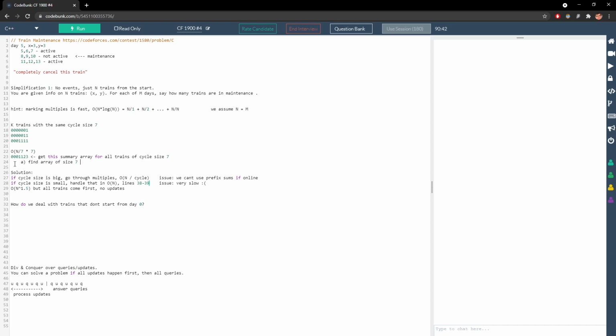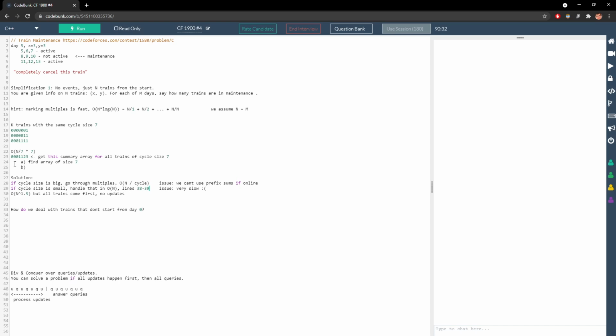Yeah. So when you have this array and you're at some day X, you can see what day modulo 7 is and add that many to your maintenance. Yep.